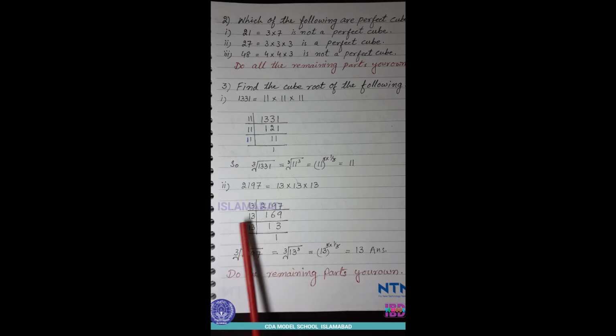The quotient becomes 169. That is, 2197 divided by 13 is equal to 169, while 169 divided by 13 is equal to 13. Hence the cube root of 2197 is 13. Do the remaining parts yourself.